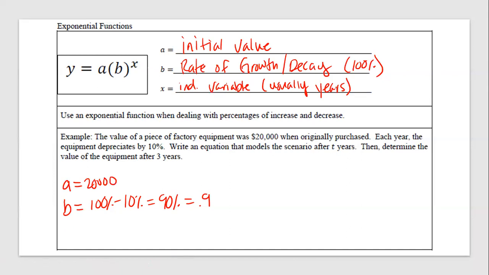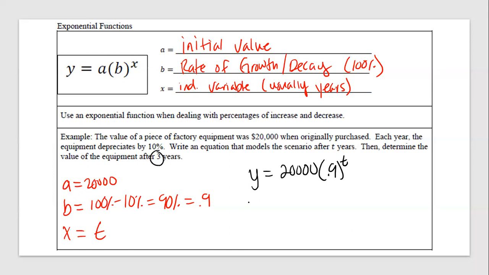Appreciation or growth, we're doing what to 100%? We would be adding, right? Okay. And then our x equals t. Do we have everything we need to create our function? Yes, we do. So we have y equals 20,000 times 0.9 to the t. There's your first part that it wanted, your equation.